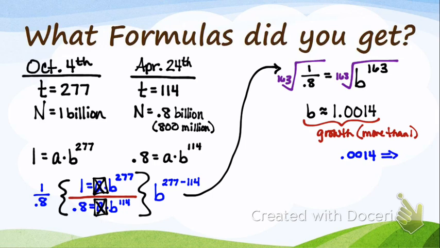So as a percent, that's 0.14% growth each day. Each day? Because we had time in days, right? So this is like the same as when we had to take away that and minus 100. Okay. I'm trying to keep some things consistent for us here. We're trying to look for relationships that keep popping up.